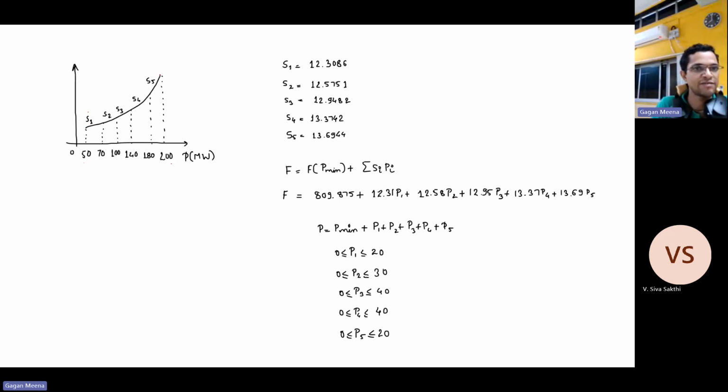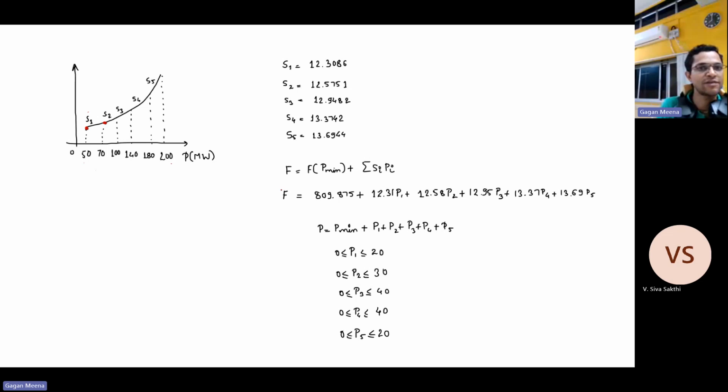There are 5 segments, S1 to S5, and for each of them we need to calculate the slope. S1 will be the cost of this point minus the cost of this point divided by this difference of 20, and this will be slope S1. Similarly, all the slopes can be calculated.